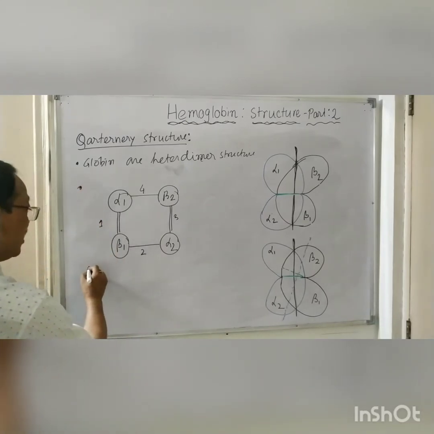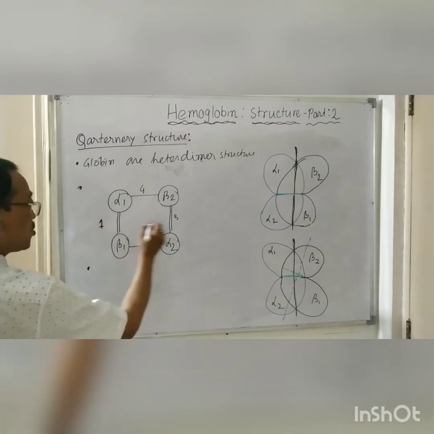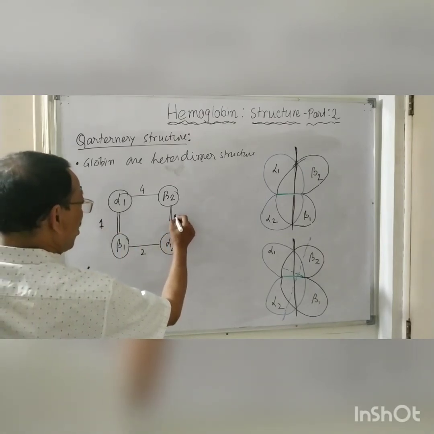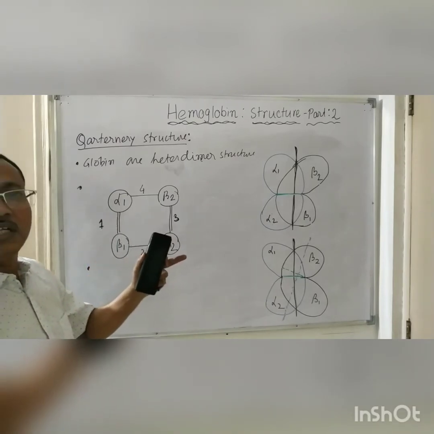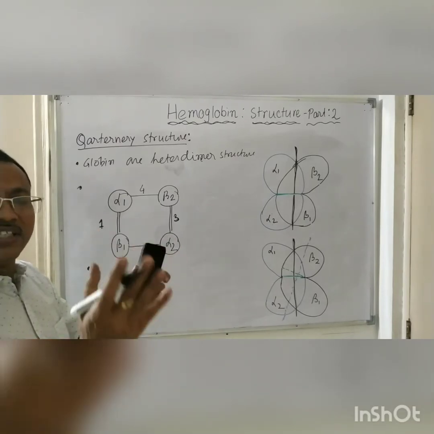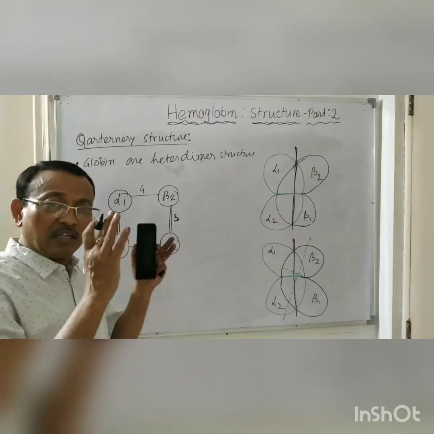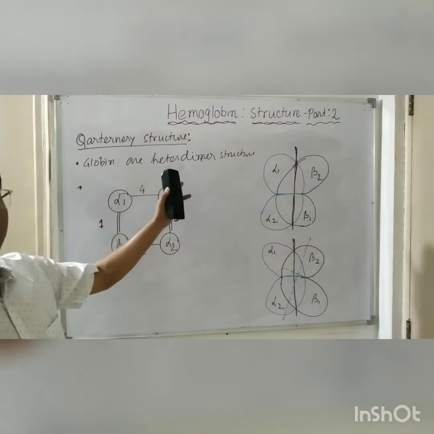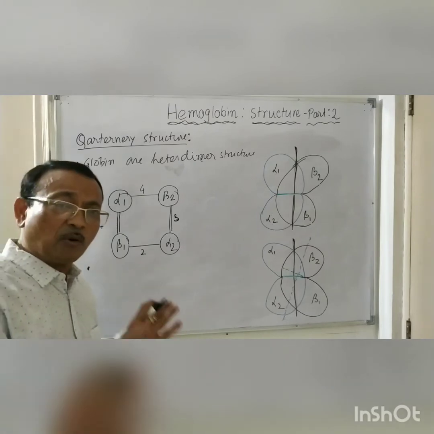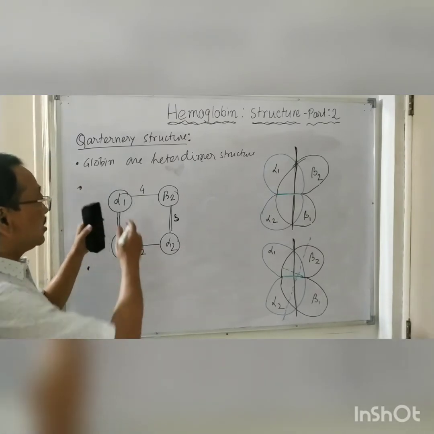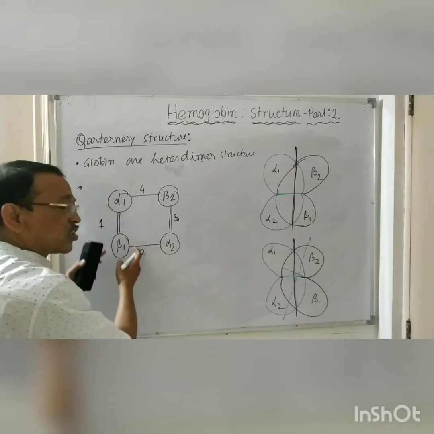Out of these contact points, the 1 and 3 positions do not change once the configurational change of the heterodimer is initiated during the oxygenation process. This configuration is not changed.